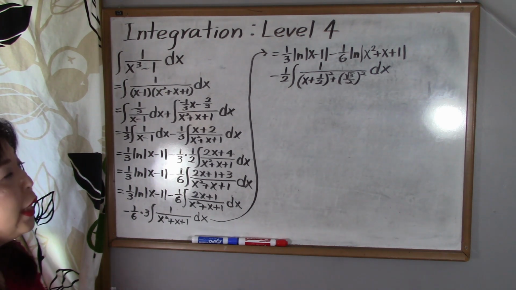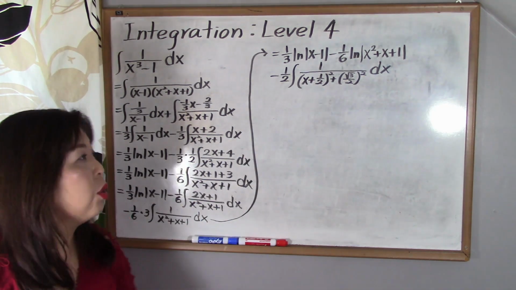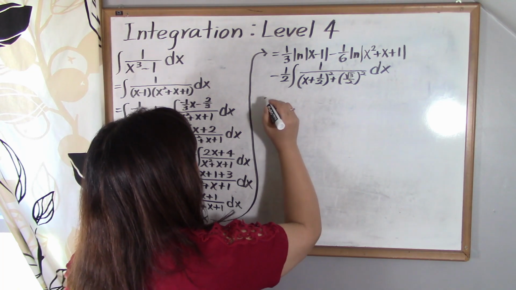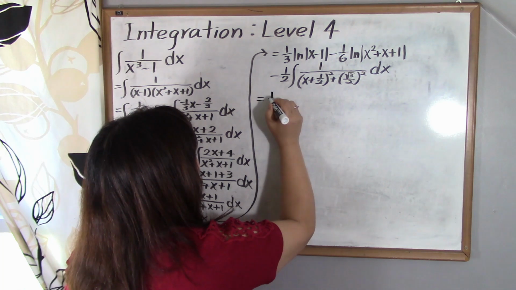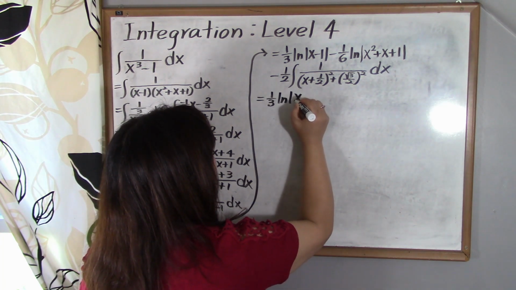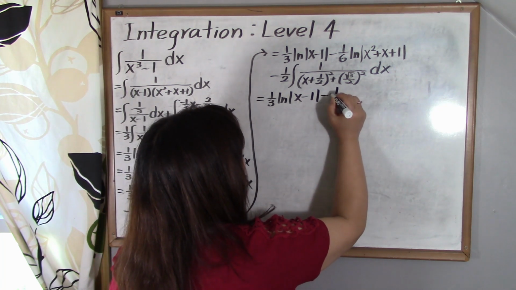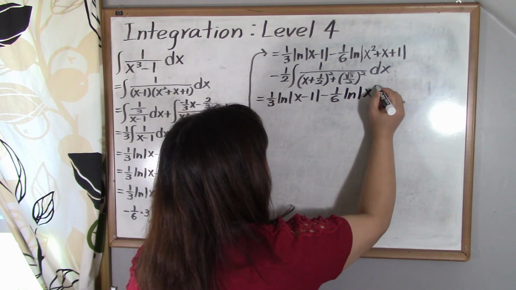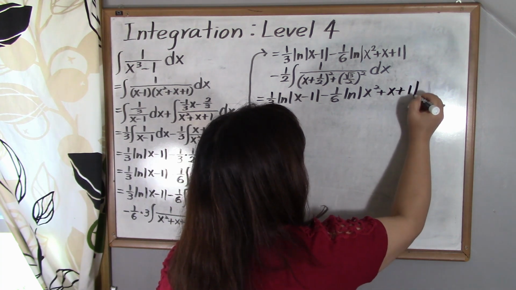So now we can integrate this one. Arctangent. Okay, arctangent. So let's do it, so I'm going to rewrite over here, is equal to 1 over 3 ln absolute value of x minus 1 minus 1 over 6 ln absolute value of x squared plus x plus 1.